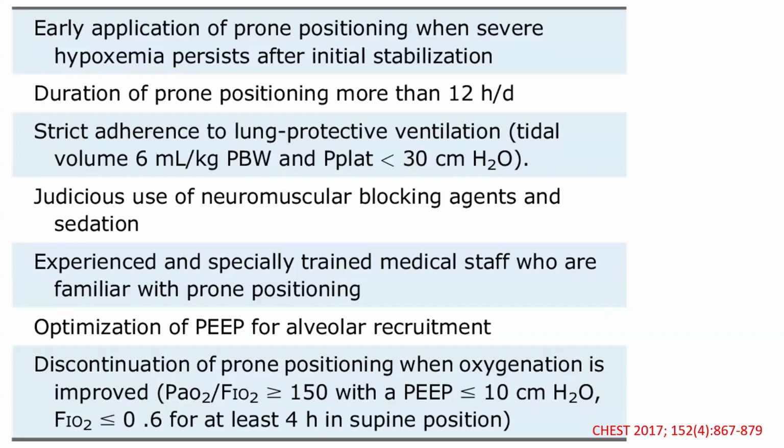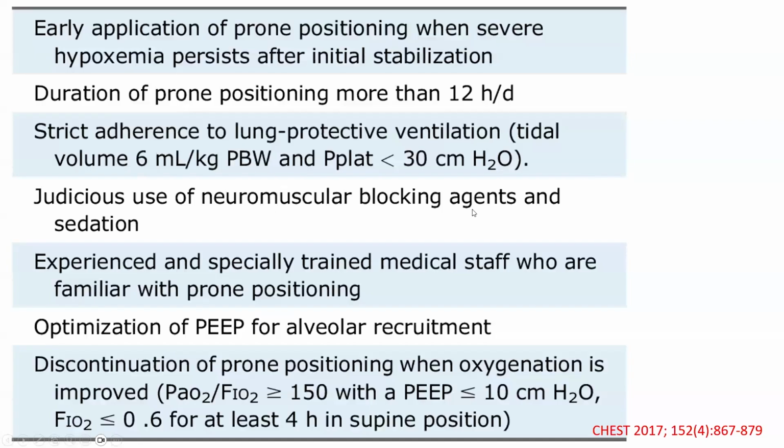These are certain considerations when you use prone positioning during hypoxemic respiratory failure. Early application of prone positioning when severe hypoxemia persists after initial stabilization. A duration of prone positioning of more than 12 hours per day is recommended. Even when you do prone ventilation, strict adherence to lung protective ventilation, that means tidal volume at the lower level, 4 to 8, and plateau pressures less than 30.